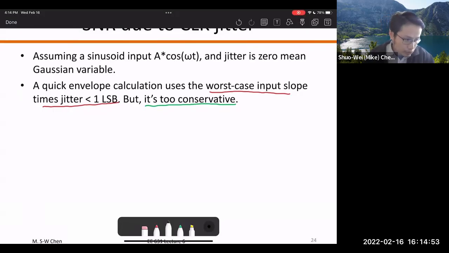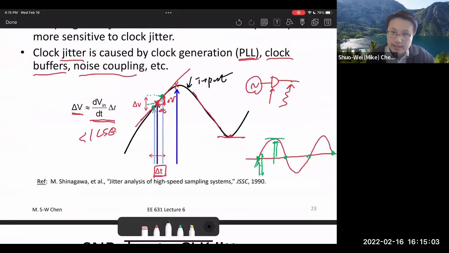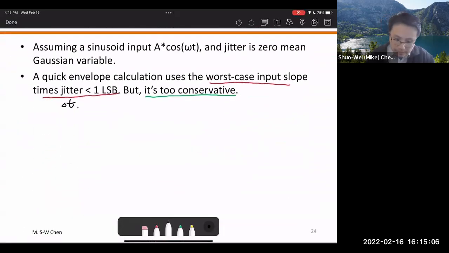To do that, assume delta t, which is the clock jitter as I mentioned here, is a random variable, and then this induced error delta V should also be a random variable. In order to find the power of the random variable, as you probably remember from your random process class, this is basically calculating the variance. You calculate the second order statistics, the mean value of delta V square, which gives you the variance of the random variable.